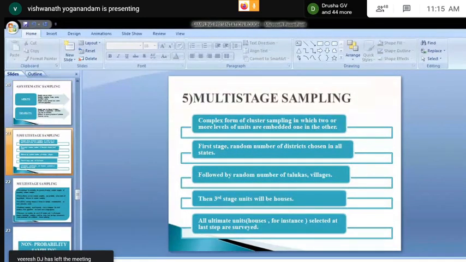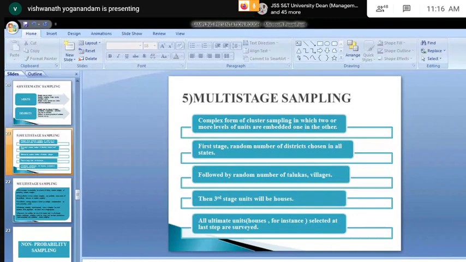And multi-stage sampling is a complex form of cluster sampling in which two or more levels of units are embedded one in the other. So in the first stage, as I was telling you, a random number of districts is chosen in all states. Or say we are choosing colleges in Karnataka, we can pick some districts on a random basis.